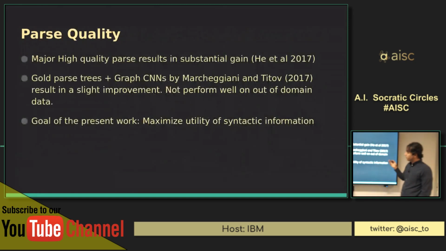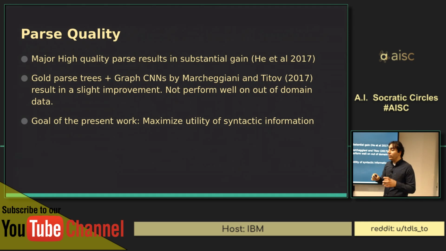Okay, so parse quality. Obviously, if you increase the parse quality, you hope that it would work better. I mentioned these two works earlier on. A couple of works have been done in this space with regard to parse trees coming from parsers.